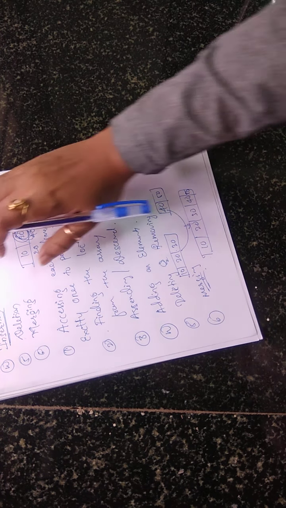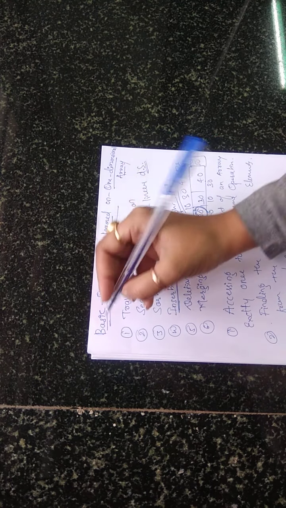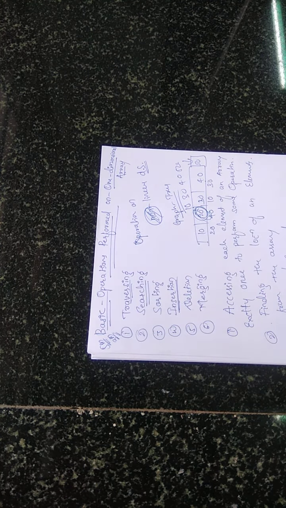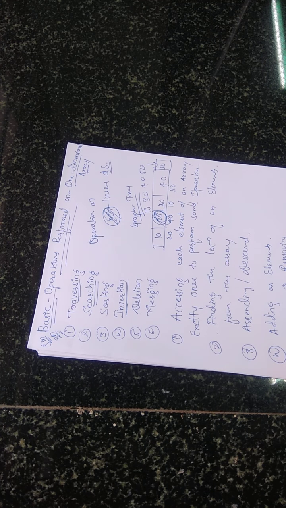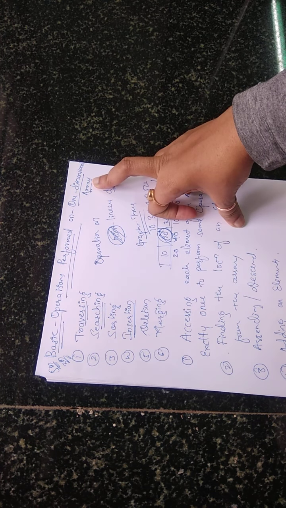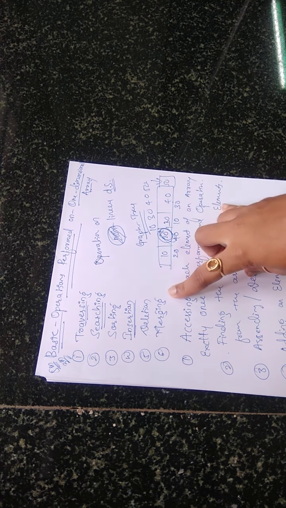So study these basic operations performed on your single dimensional array. It has already been asked for 5 marks and 3 marks. These are all the basic operations we can perform on a one dimensional array: traversing, searching, sorting, insertion, deletion and merging.